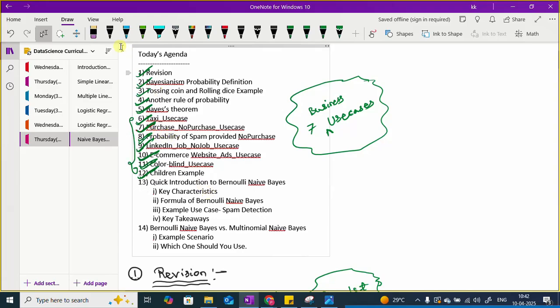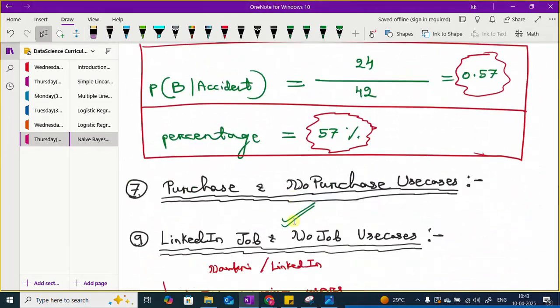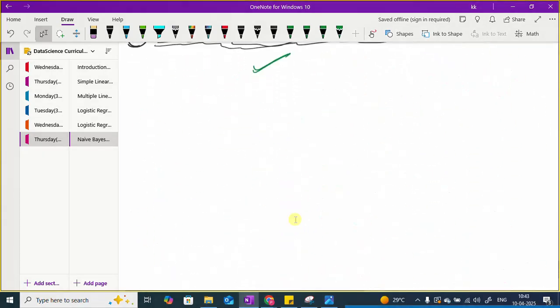Now children example. Now come back, children example. But the number I forget. Is it 12 or 13?